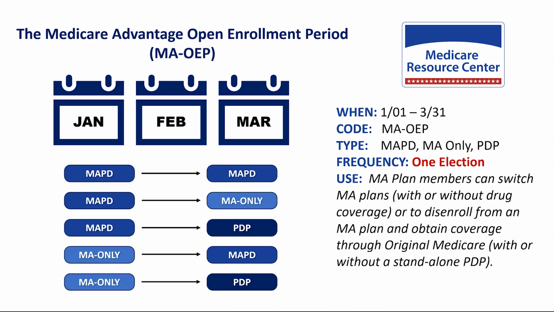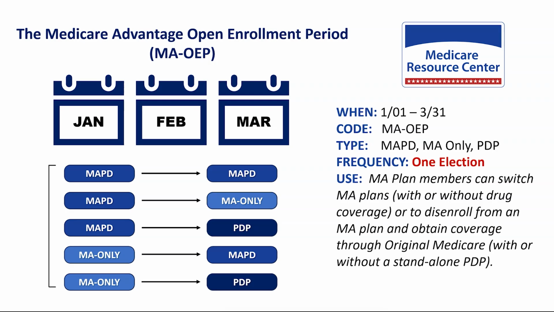But what all these enrollment periods have in common is you must have a Medicare Advantage plan in order to do this. So if you have a prescription drug program and it's January, February, or March, you cannot use the MA-OEP enrollment period.